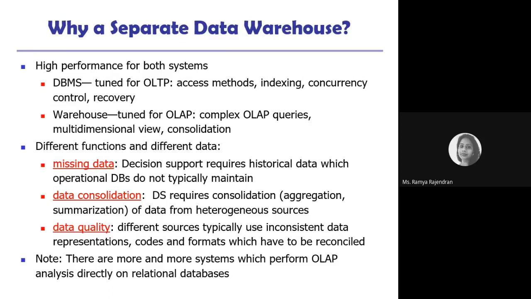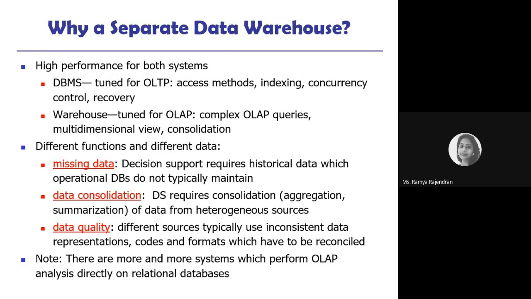I mean, you want to integrate your data and work on something else so that you can do some aggregation or integration or summing up, taking average. All these things are done only on the data warehouse, not on the databases. And the data quality will be completely better when compared to the databases. So because of all these reasons, we should definitely go for a separate data warehouse.